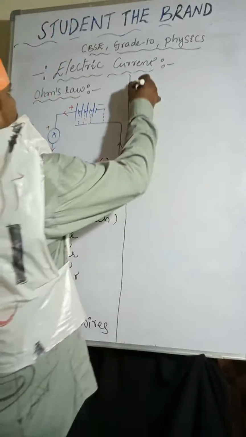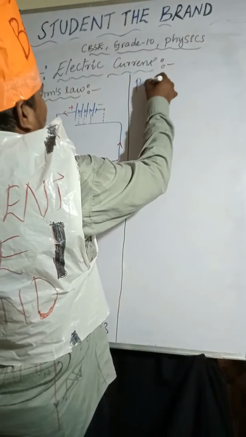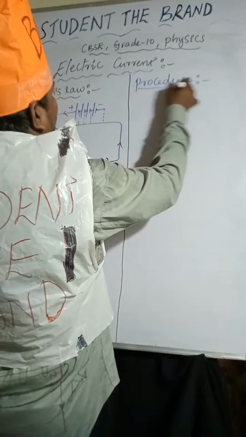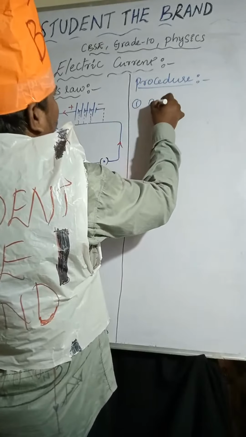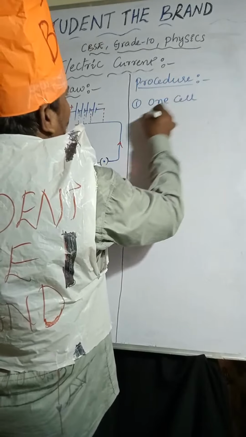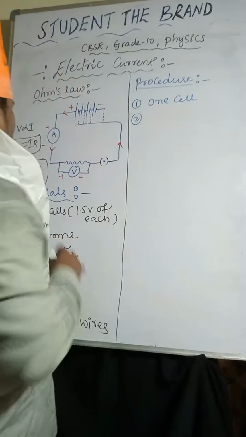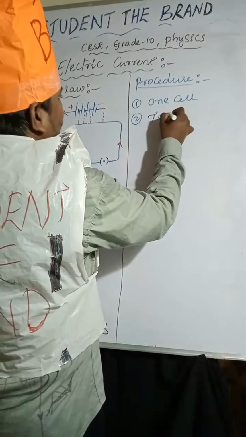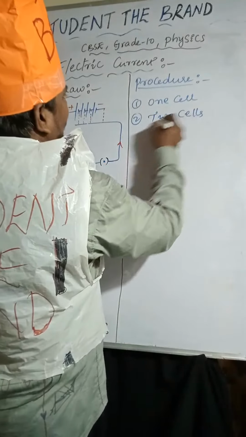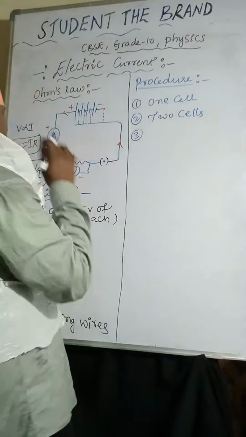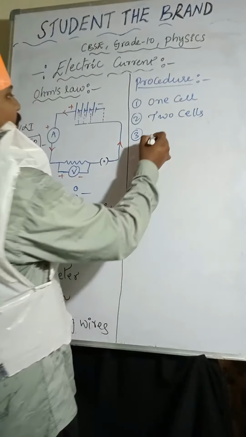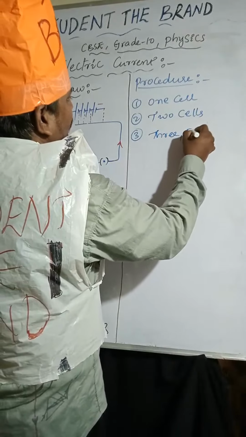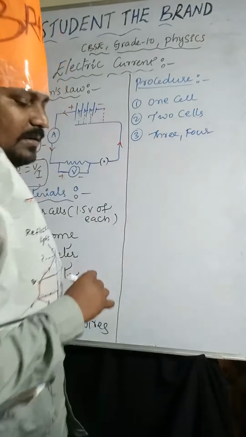Then connect two cells and note down the readings of the ammeter and voltmeter, and connect 3 and 4 and repeat the same process. So I hope it is very clear, right?